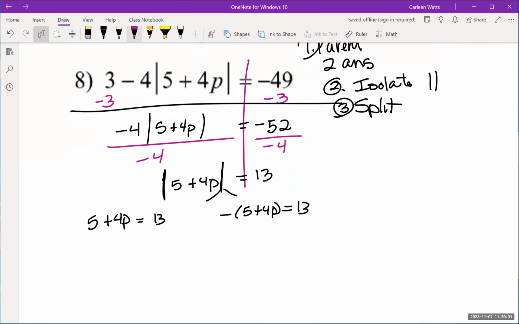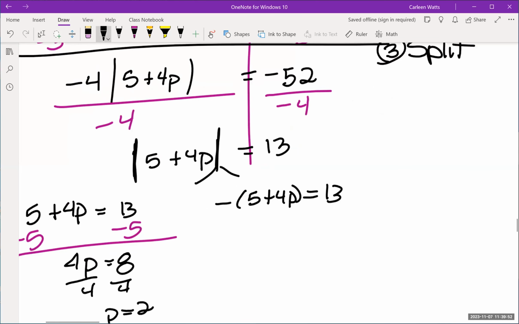Now we're going to solve. 4p is equal to 8, divided by 4. P is equal to 2.